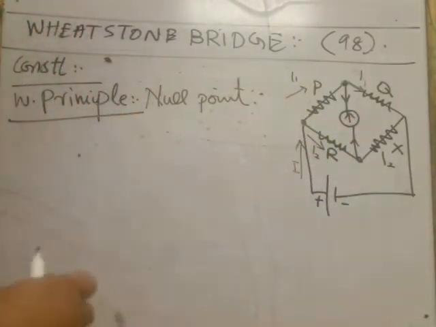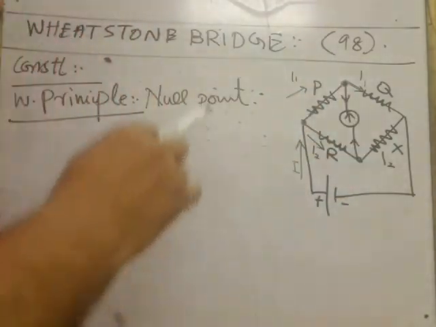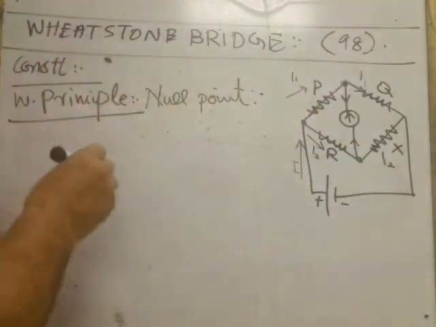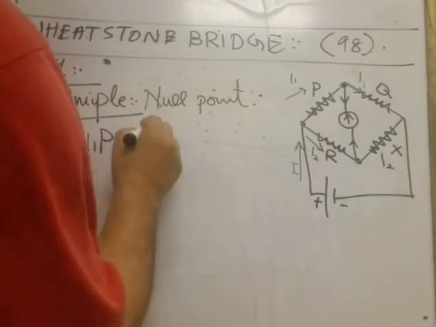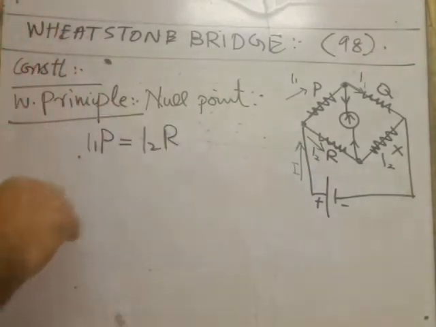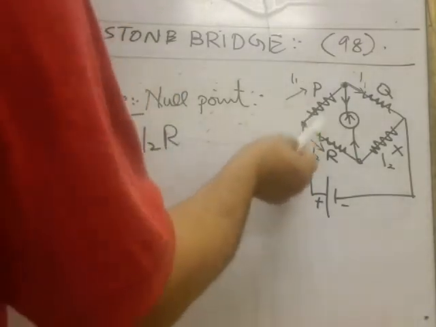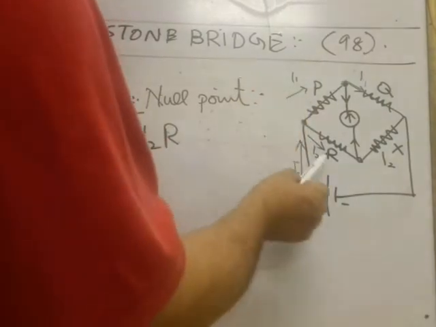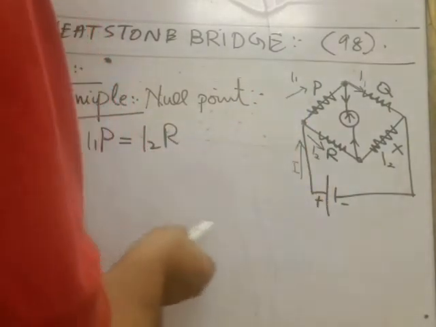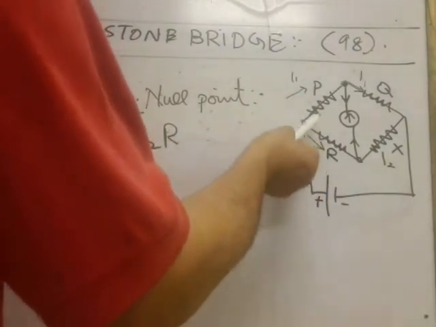When this stage happens, we can write I1P is equal to I2R. Simply, the potential drop of this resistance is equal to the potential drop of this resistance, as their potential differences are equal.